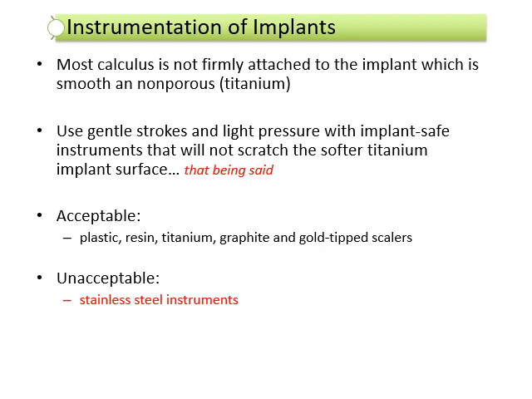According to the textbook, acceptable instruments are made of plastic, resin, titanium, graphite, and gold tipped. The number one unacceptable tool that you should ever be putting around an implant is stainless steel. This is textbook. That being said, the textbook answer is never use a stainless steel instrument on an implant.